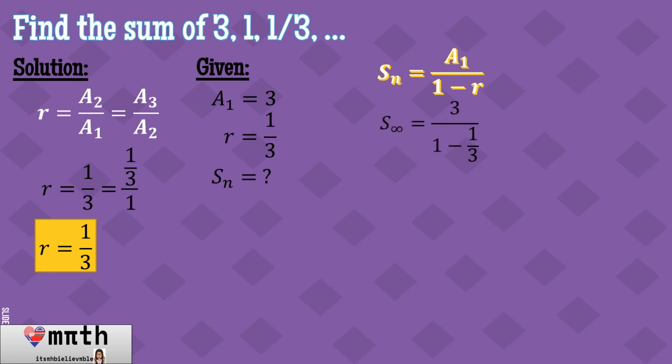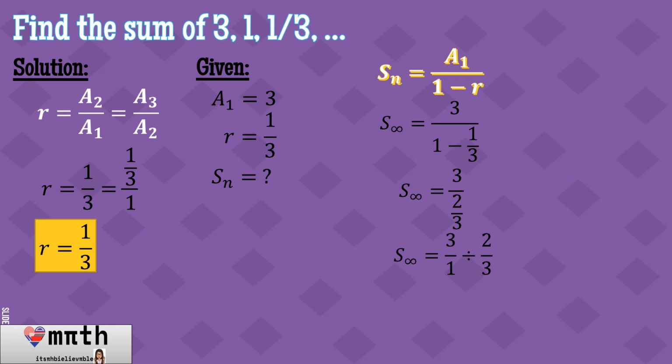Substituting the value, that would be S infinity equal to 3 all over 1 minus 1 over 3. And if we simplify 1 minus 1 over 3, that would be 3 divided by 2 over 3. And every whole number, we all know that 3 automatically has a denominator which is equal to 3 over 1 divided by 2 over 3.